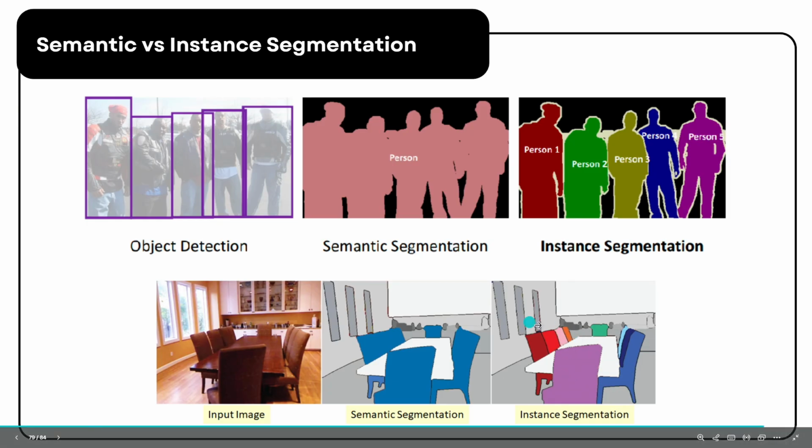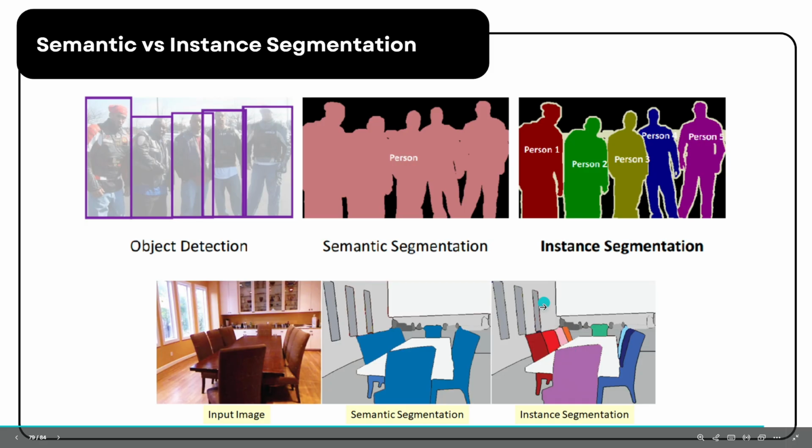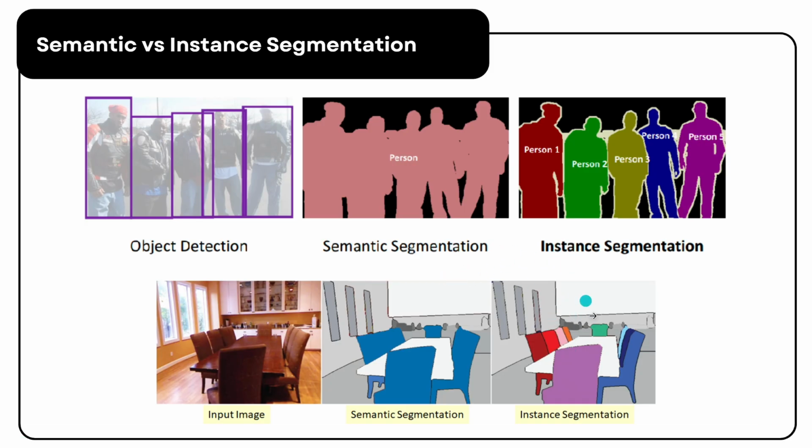So, in short, the granularity increases as you move from object detection, semantic segmentation, and instance segmentation, with instance segmentation offering the highest level of detail and utility.